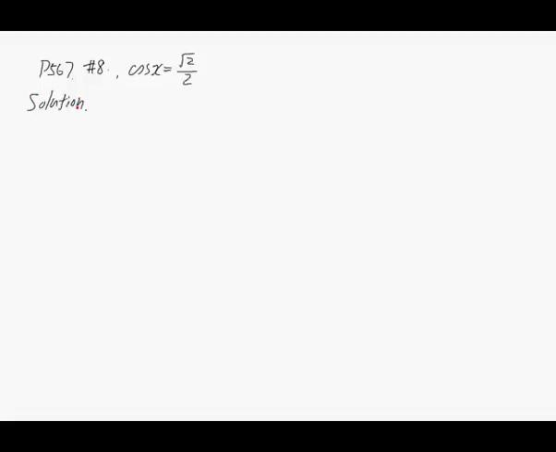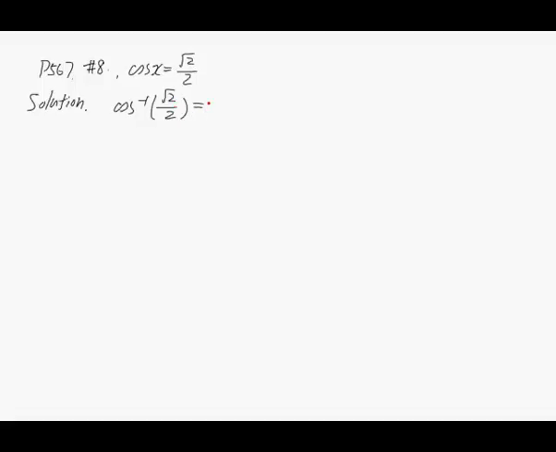So first, we use the inverse cosine to find a specific solution to this equation. So we have the cosine inverse of root of 2 over 2. And this guy equals what?